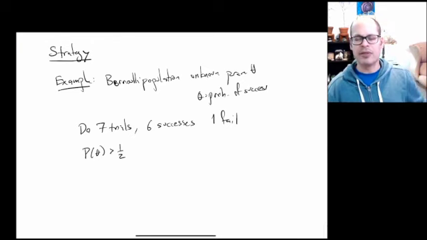And if you don't think about it too closely, this kind of makes sense. I just got 6 successes and only 1 failure after 7 goes. So probably there's a reasonably good chance that I'm successful on a given toss. I got 6 out of 7.